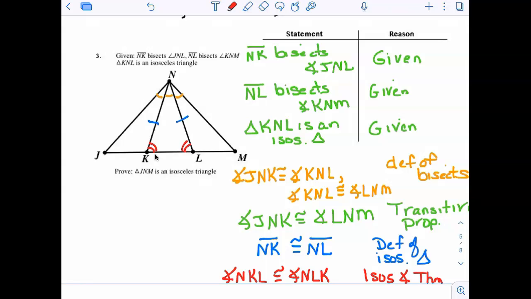Okay. Now we're trying to prove that the larger triangle is an isosceles triangle. So basically, in order to prove that, we need to prove that these two sides here are congruent, and we can prove they're congruent if we could possibly prove that these two triangles on the sides are congruent, because then we could use corresponding parts of congruent triangles are congruent.